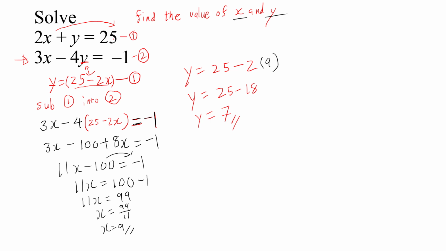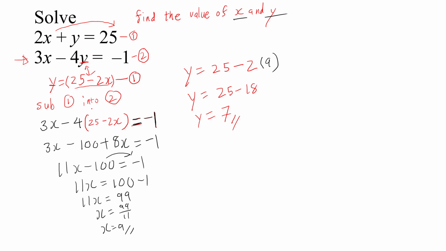So the key part is to manipulate the equation so that you have either x is equal to something or y is equal to something. Make sure it is just x and y. Cannot be negative x or negative y. Cannot be 2x or 2y. None of those. You can only have x or y equal to something.